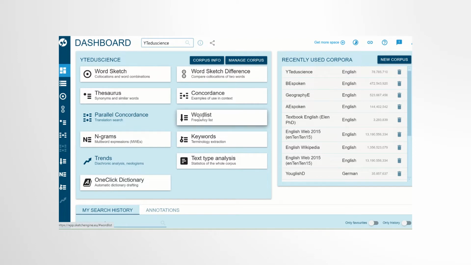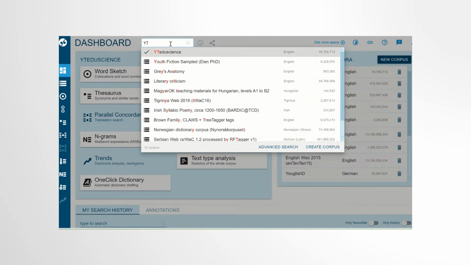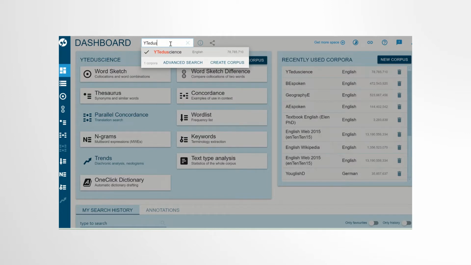Okay, so let's start with the word list. Of course, you'd have to enter the corpus we're looking for. We're going to use IT EduScience corpus and the Geography corpus today. So IT EduScience, that's the YouTube corpus of spoken academic English I've compiled.